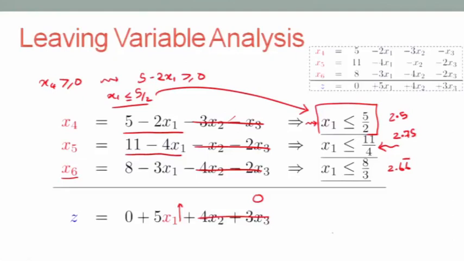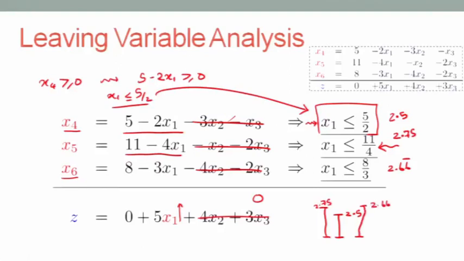Okay, so if you think about it, as long as I can keep x1 below 2.5, x4 remains non-negative, and x5 can remain non-negative for a longer time until 2.75, and x6 can go somewhere in the middle, up to 2.66.